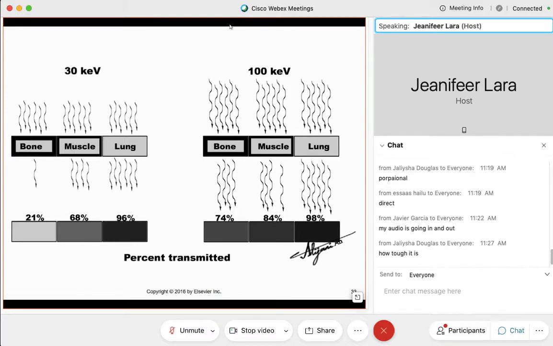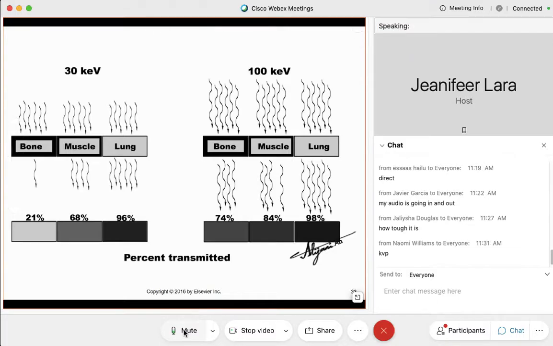What are we adjusting? We're adjusting our kVp. In order to get higher energy, we're not talking about quantity. What we're talking about is higher penetrating power. That is our kVp. So if we want more transmission from the bone, then we would just have to boost up our kVp. Increase the kVp.